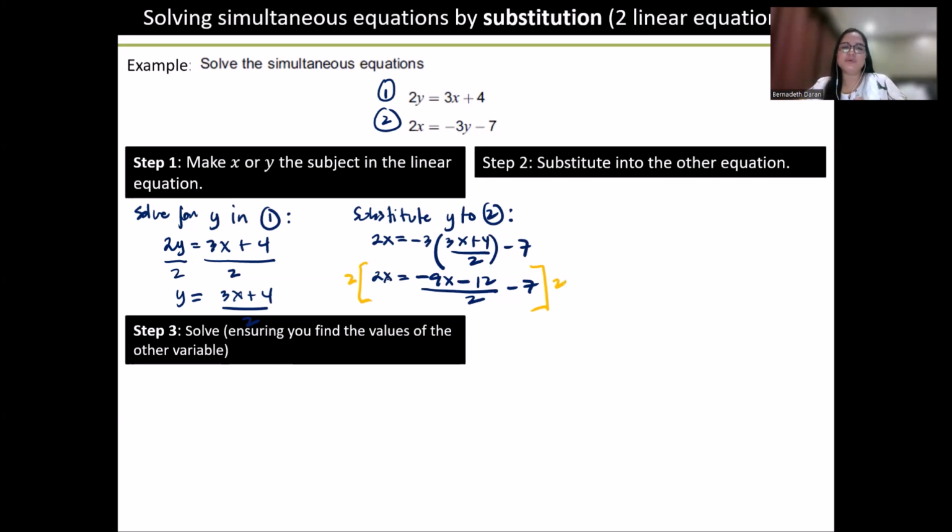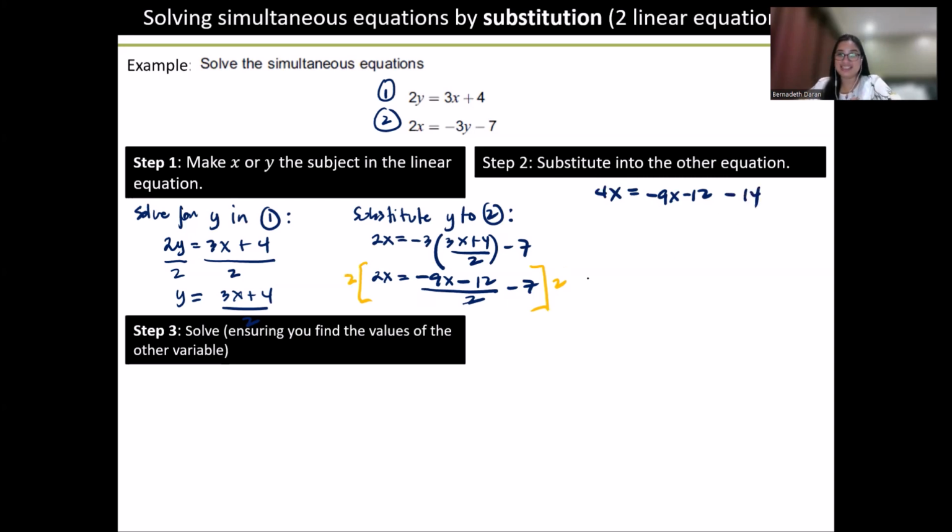So we have 2 times 2x, so that is 4x is equal to 2 times negative 9x minus 12 all over 2. So we can now cancel 2 here. So that's going to be negative 9x minus 12. And 2 times negative 7 is going to be negative 14.